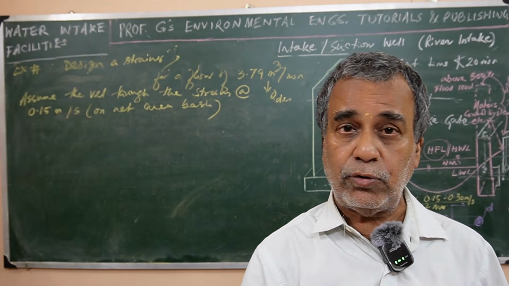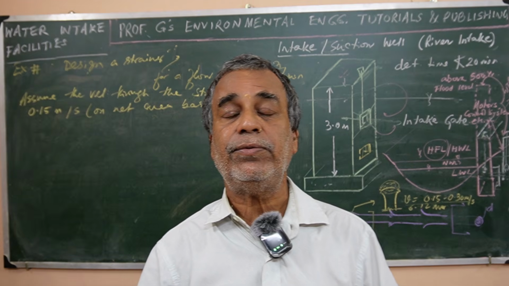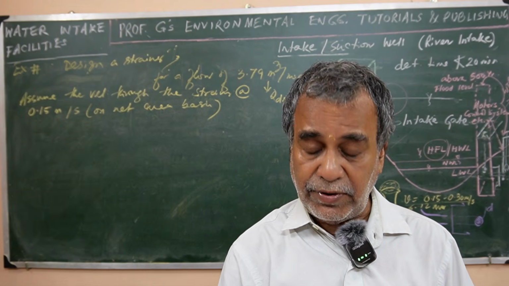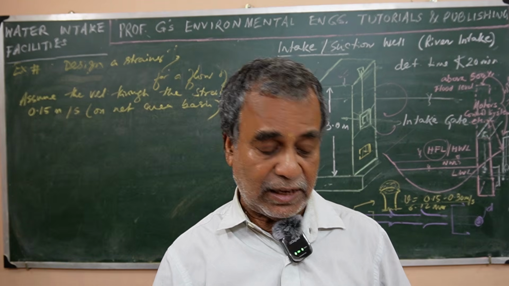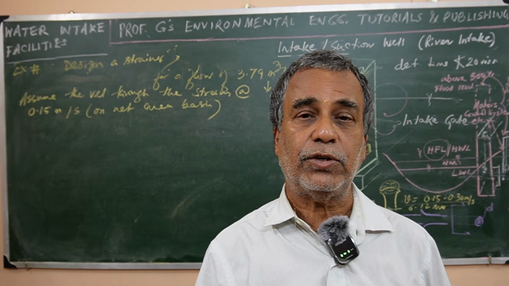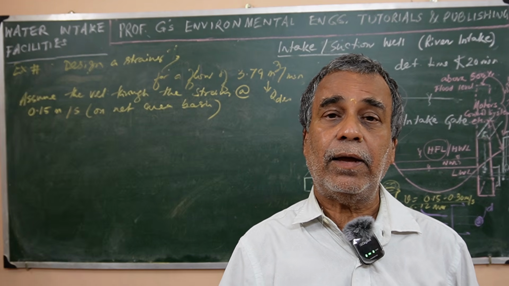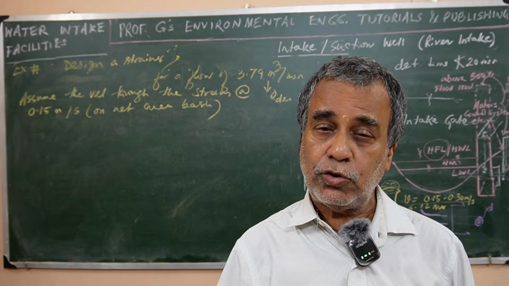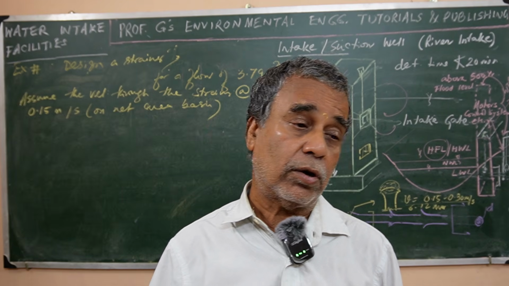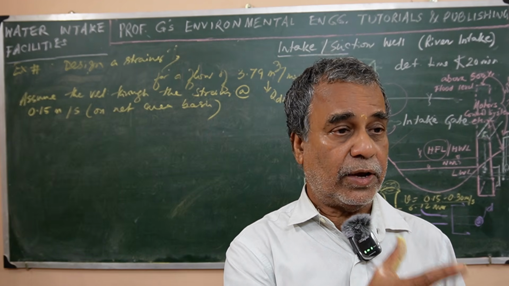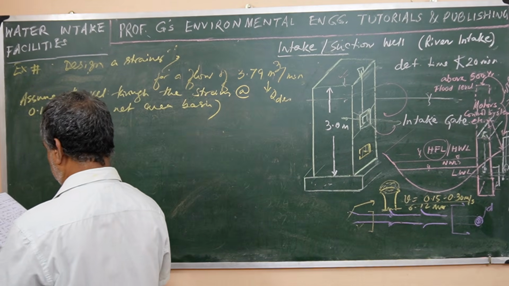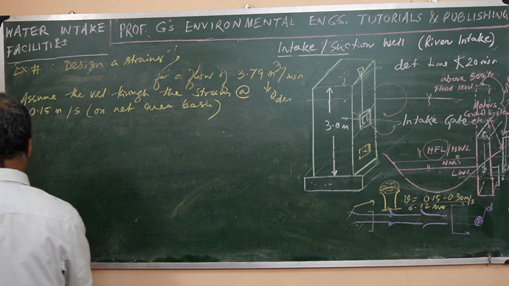I have tried to clarify earlier when we were discussing the design guidelines that whenever you take, assume or mention a velocity, it should be made clear whether it is on the gross area basis or the net area basis. Here it is net area basis, 0.15 meter per second.